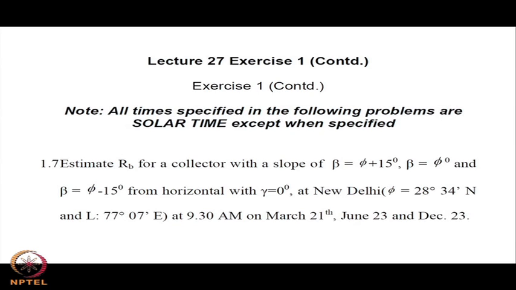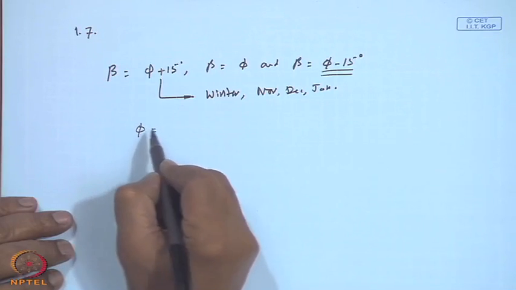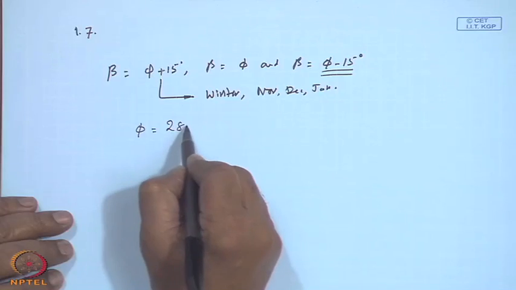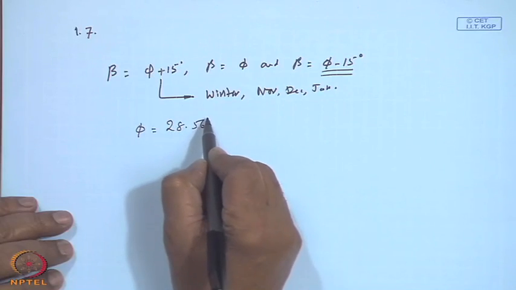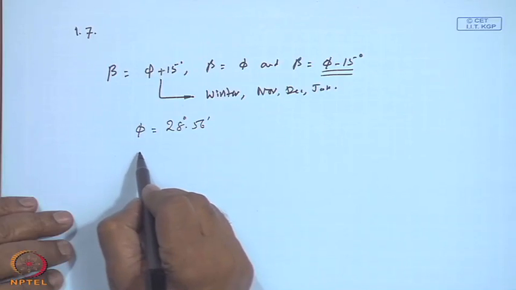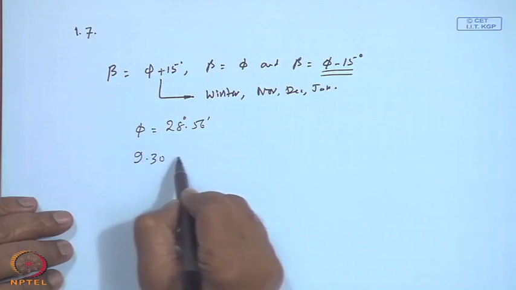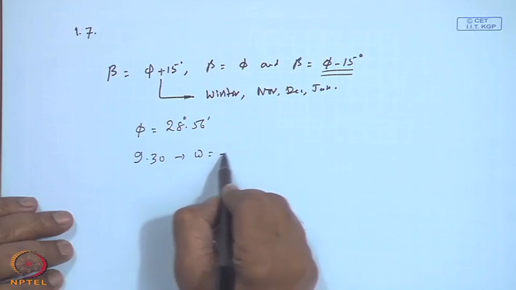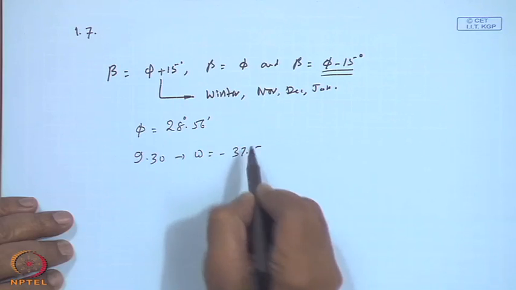It is given for Delhi phi as 28.56 degrees I think, and time 9:30 corresponds to omega of minus 37.5.